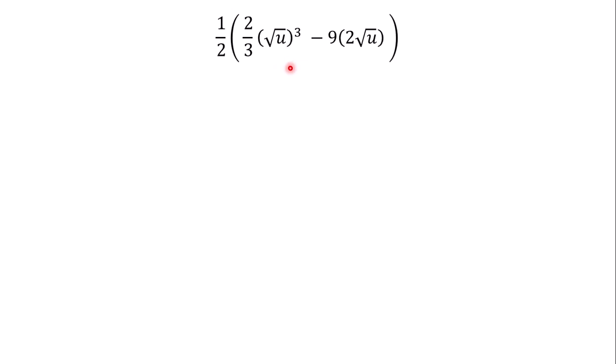Since it's being written as an index, that half is representing the square root sign. So that one can be written as square root of u raised to the power 3. When we rewrite this one, it's the same thing as u raised to the power half times this 3 here.